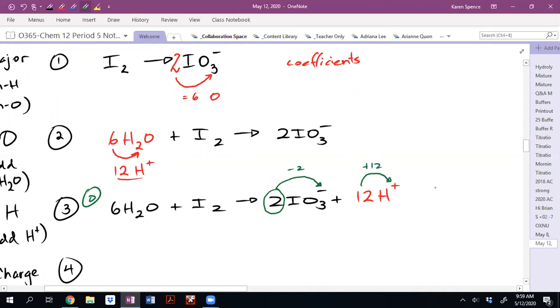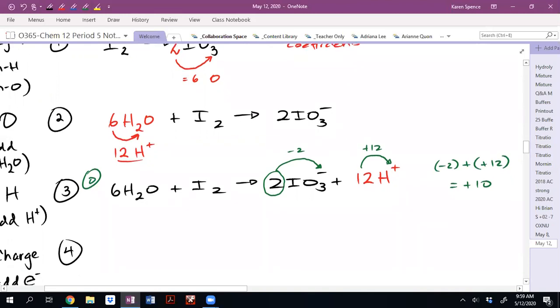So I have -2 plus +12 equals +10. So the right-hand side is more positive, so that's the side we need to add our electrons to.